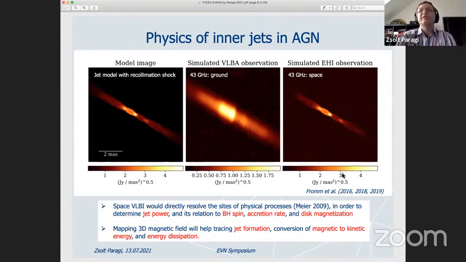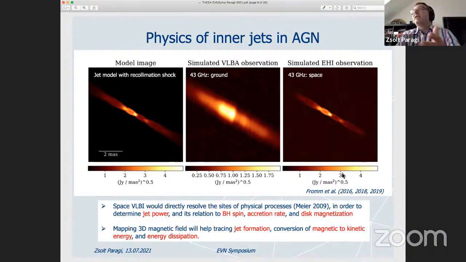Also, we heard about recollimation shocks during the symposium. So with the space VLBI, you would be able to directly resolve these sides of the physical processes to measure the jet power and actually to see how it's related to the spin, accretion rate and the magnetic fields.